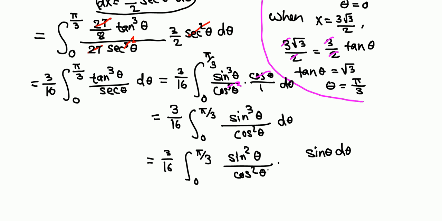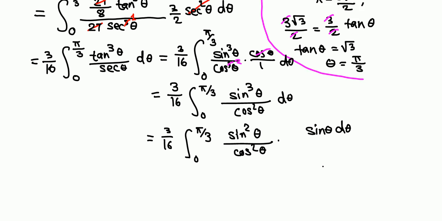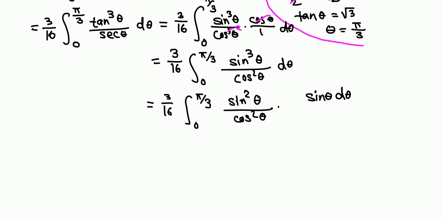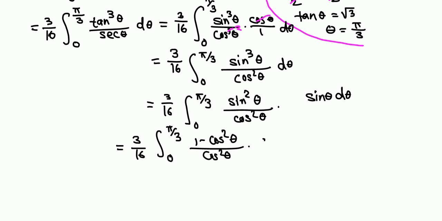The derivative of cosine is negative sine, but we can manage that. Sine squared is 1 minus cosine squared. Let me write that over here: 3 over 16, 0 through pi over 3, 1 minus cosine squared over cosine squared times sine theta d theta.